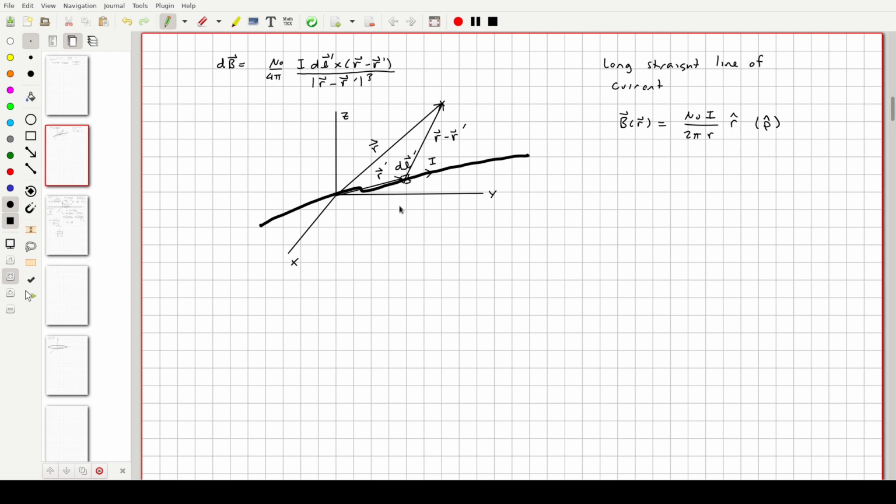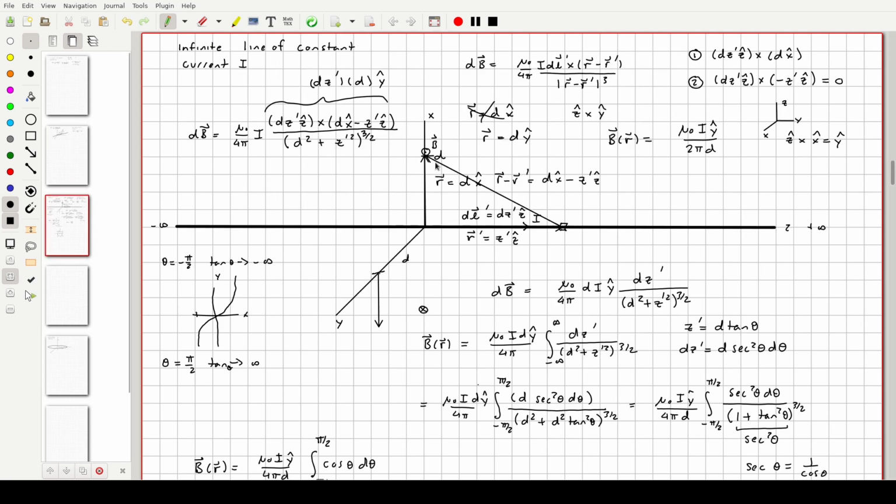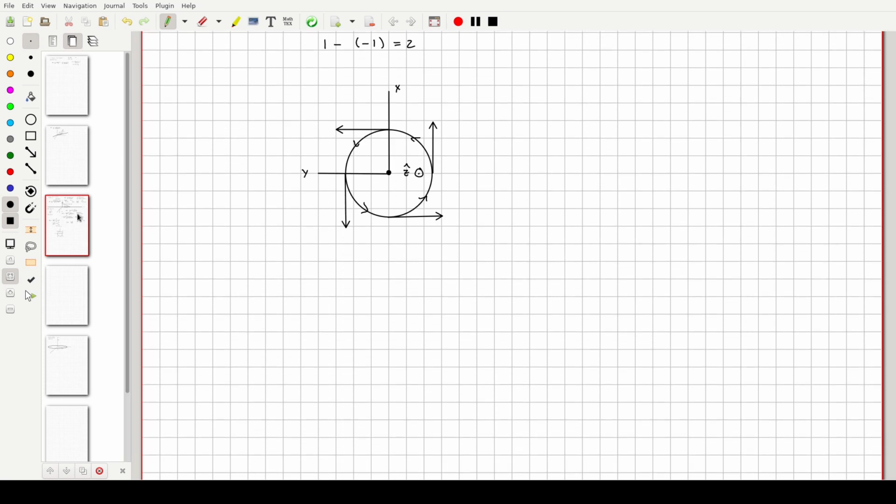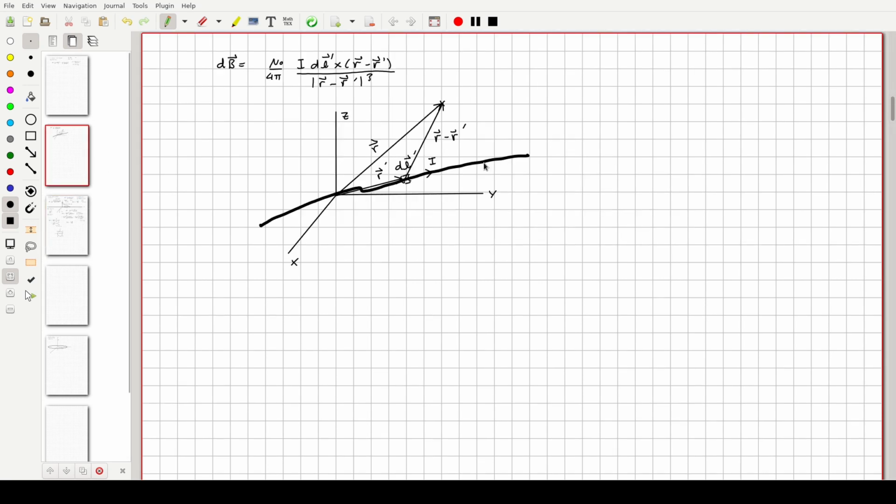R hat being in the direction of radially outwards away from the line of current right here, but straight away from it, so not at a weird angle like that. Now, were you to do this problem again, for a more generalized way of writing this, what we would say would be the following.